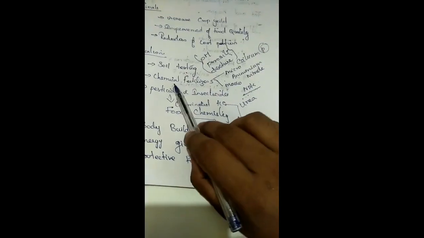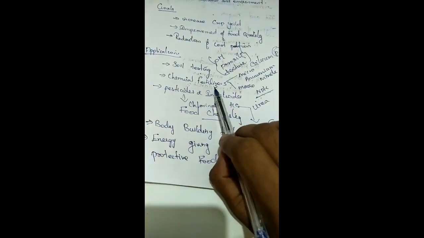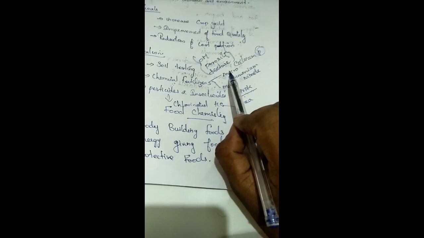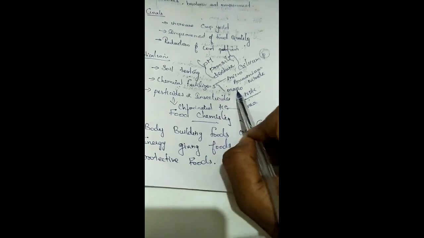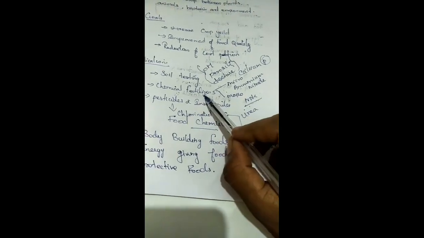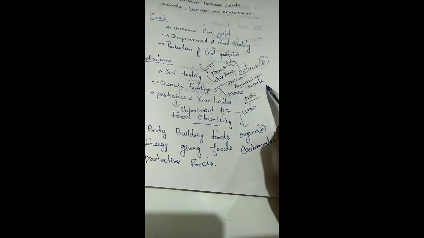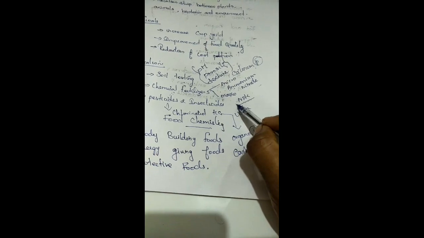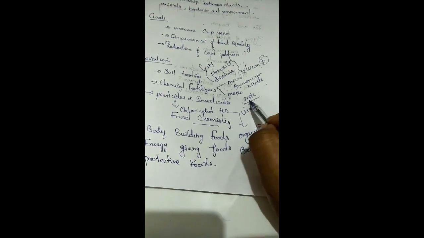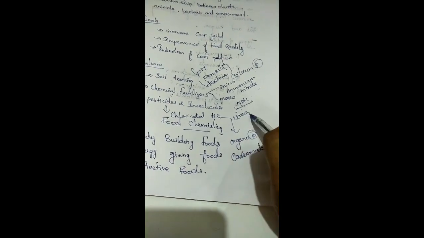Next one, chemical fertilizers. Chemical fertilizers are made up of chemical compounds and they supply micro and macronutrients to the crops. Some examples of chemical fertilizers are calcium phosphate, ammonium nitrate, then NPK. What is NPK? It supplies nitrogen, phosphorus and potassium. The last one is urea.